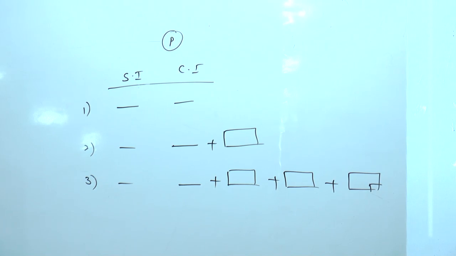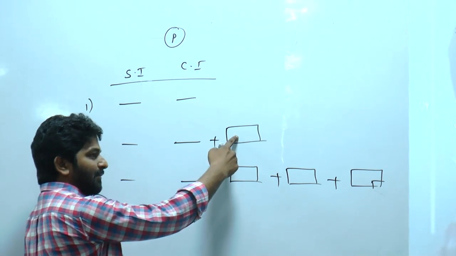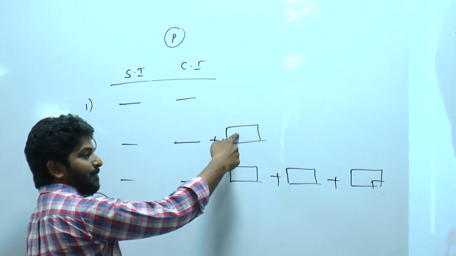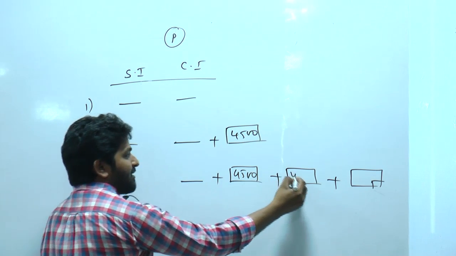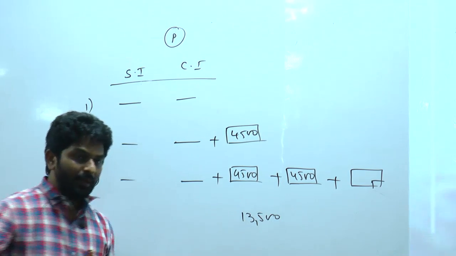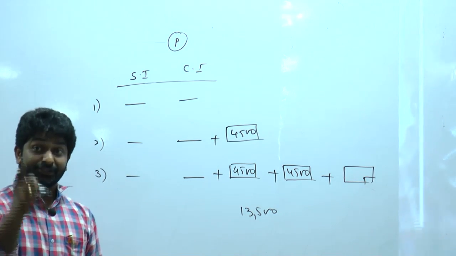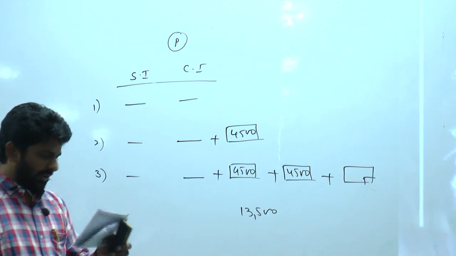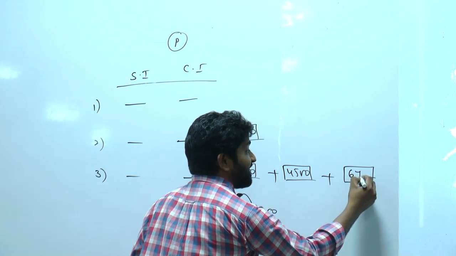So your first statement says the difference between simple interest and compound interest for 2 years. This is what, right? For 2 years, the simple and compound difference is this much. If this is 4,500, this is also 4,500. This is also 4,500. How much is the total so far? 13,500. But the difference between simple interest and compound interest for 3 years is given as 14,175. In the sense, this value is 675.